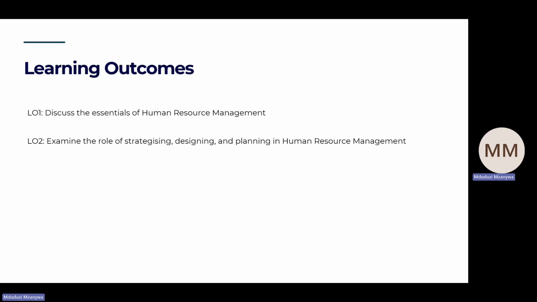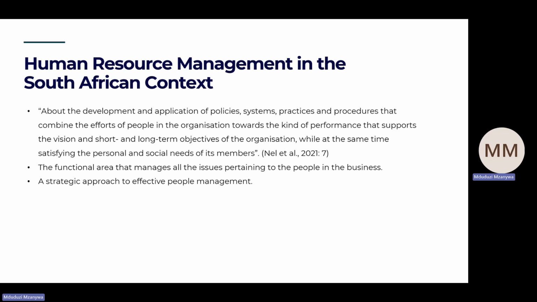I think if we are to move, our point of departure should be to define what human resources management is in the South African context. And what I did, I just went through different definitions.